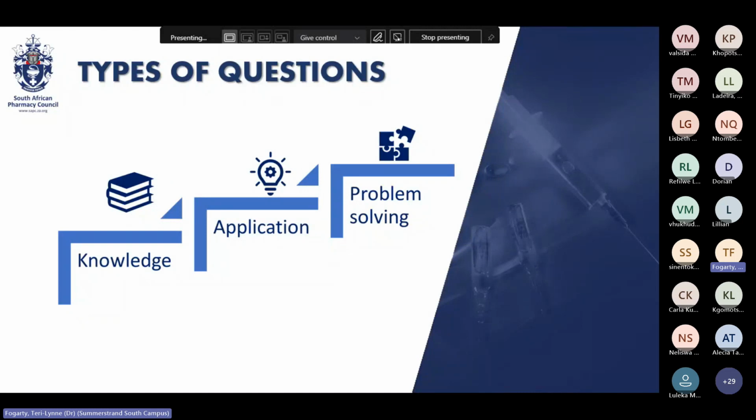So there is a little bit of evaluation of the information that you've been given. It's not just knowledge, and it's not just a single application. It's got more detail, more thinking around it, and some level of decision making.